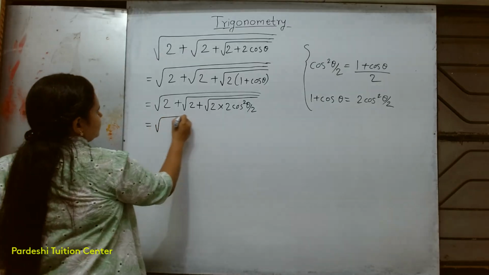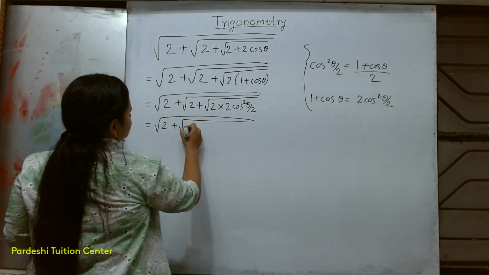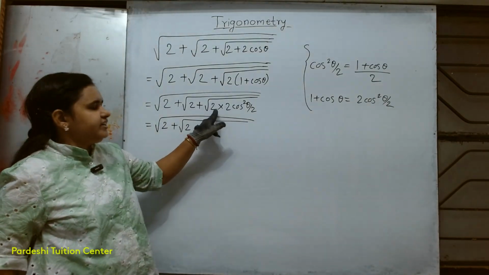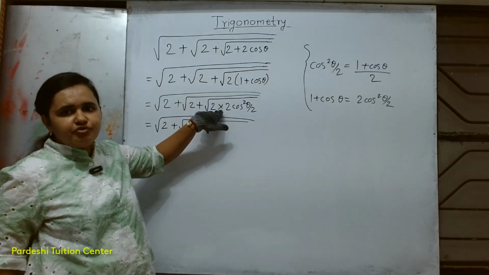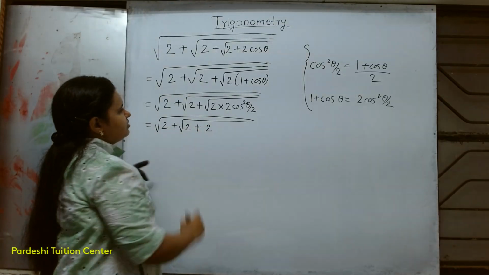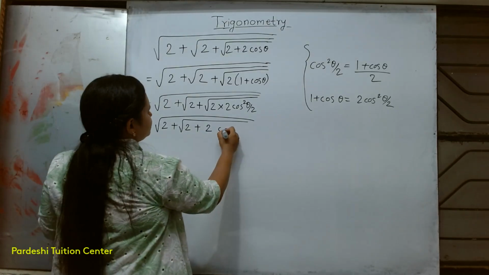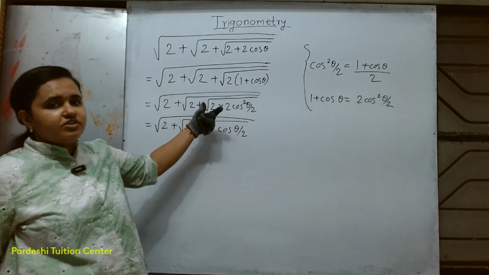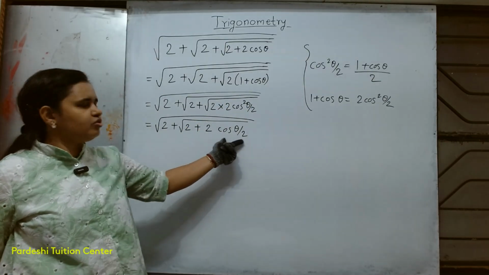So it will be equal to under root of 2 plus under root of 2 plus, 2 multiplied by 2 is 4. The square root of 4 is 2, and the square root of cos square theta by 2 is cos theta by 2. We have removed the square root, so it will be 2 cos theta by 2.